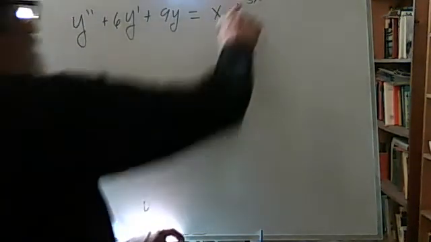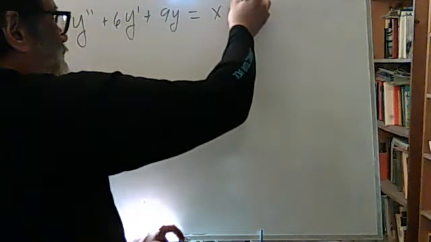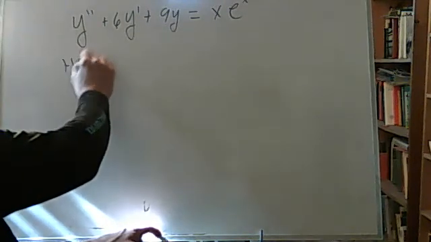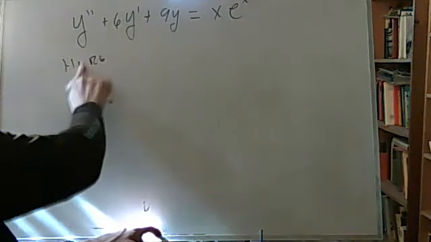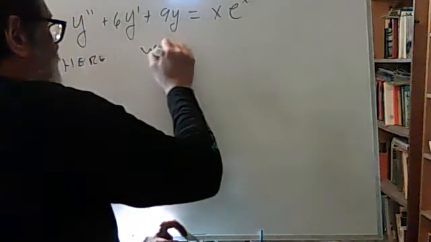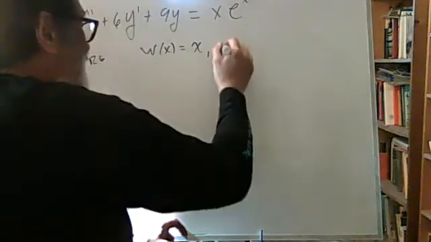In fact, let's just change this a little bit. Let's say x e^x. Now here, w(x) is just x. k is a real number, 1.